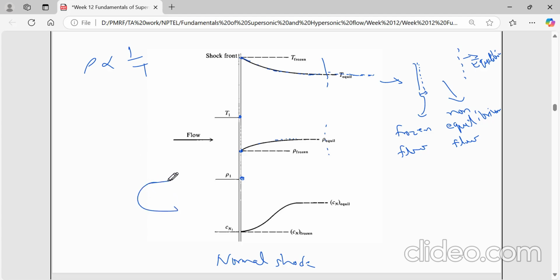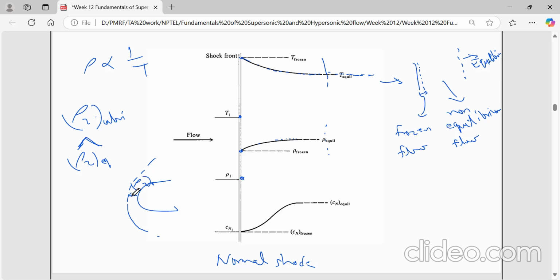So let's say this is the body and this is the bow shock. Before, density was let's say rho 2 for calorically perfect gas, and later rho 2 equilibrium. So rho 2 for calorically perfect gas will be less than equilibrium rho 2.